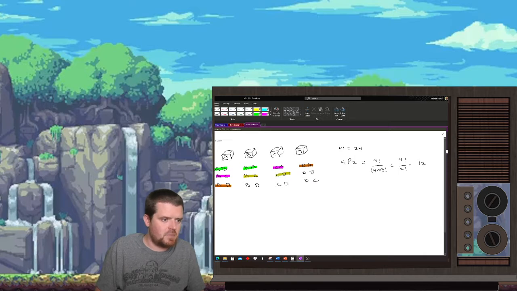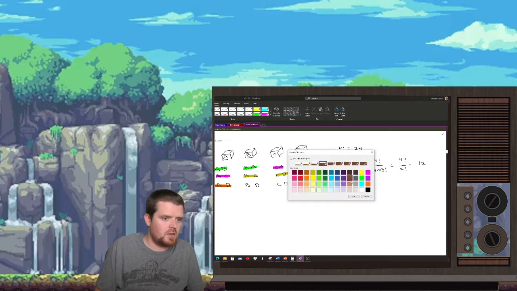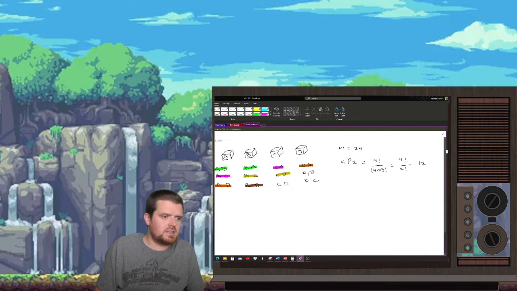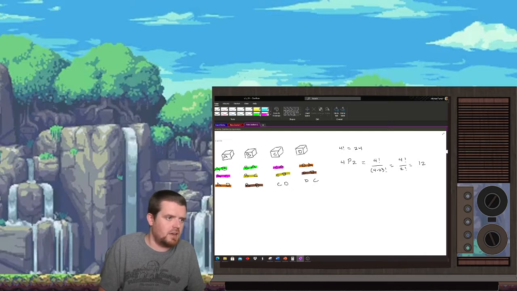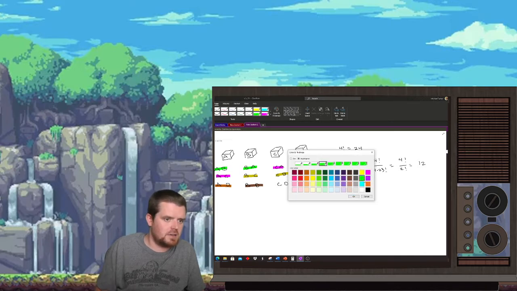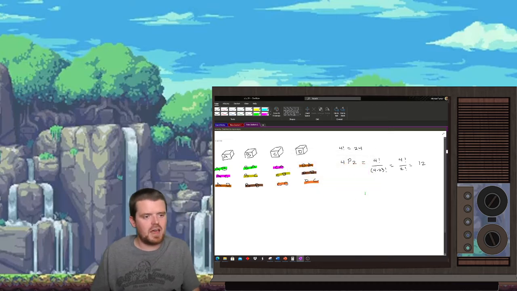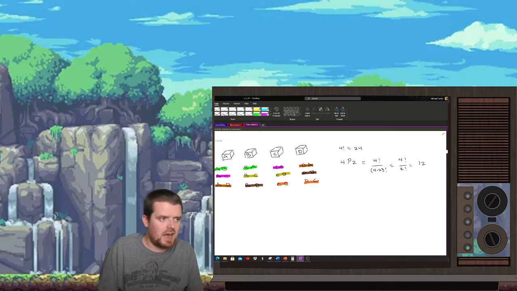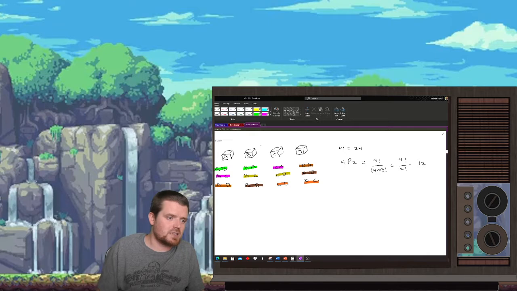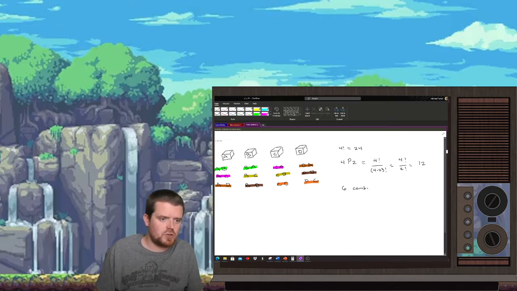BC is the same as CB. BD is the same as DB. And last but not least, CD is the same as DC. So in that regard, rather than having a number of 12, we have a number of 6. So there are 6 combinations here of 2 blocks.